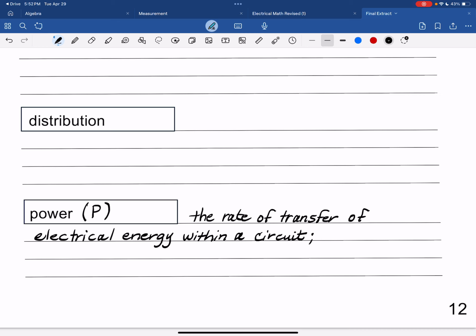Power is measured in watts. And the symbol for watts is capital W. Power.